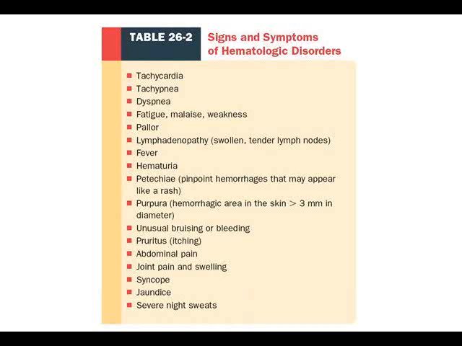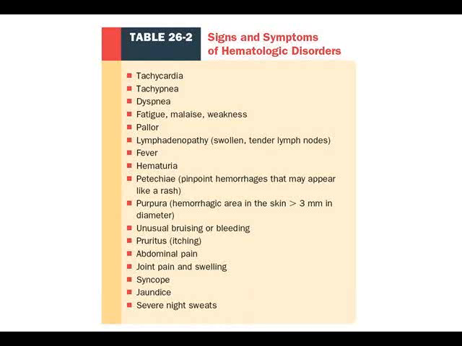There are other places, but fever, if it's an infectious cause, or fever also is very common in a person with a transfusion reaction. Hematuria, blood in the urine. Petechiae, we talked about that. Purpura, so petechiae are pinpoint purpura. These are greater than 3 millimeters in diameter, in most cases significantly larger.